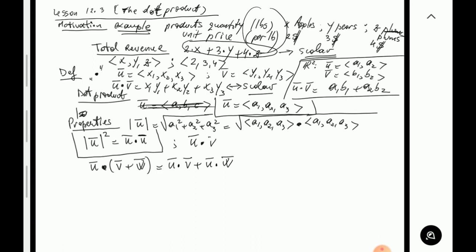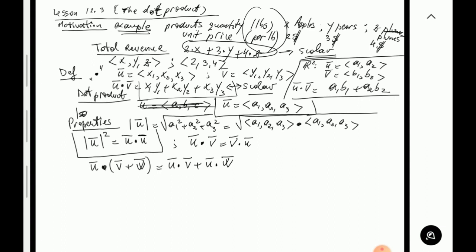I'm not going to prove all of these properties. Some of them are very easy to prove, and some others are a little more tedious, although they're not that hard. The commutativity should be pretty easy to understand. If you look at the definition, it's obvious that it doesn't matter if I say x1, y1 or y1, x1. So the dot product is commutative, and it is also distributive over the vector summation.